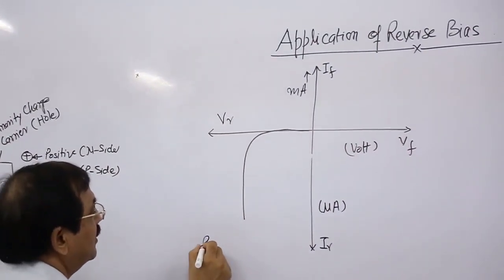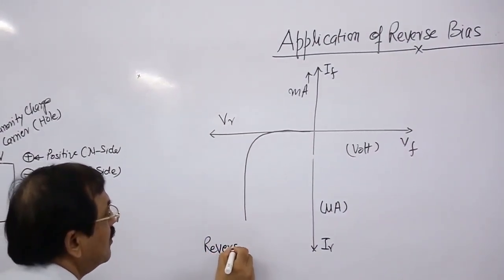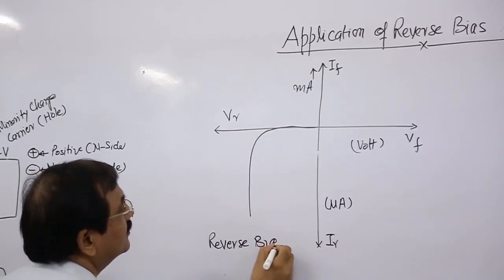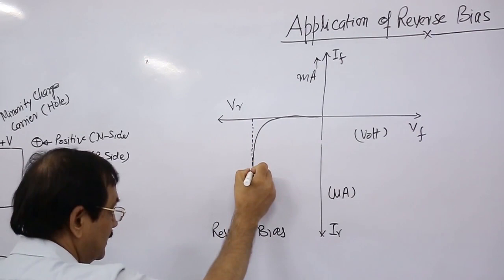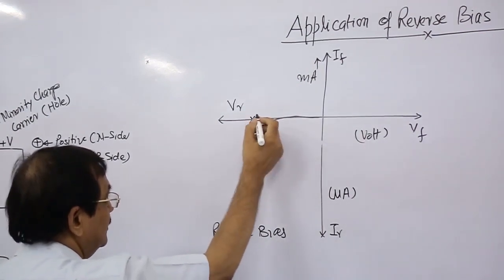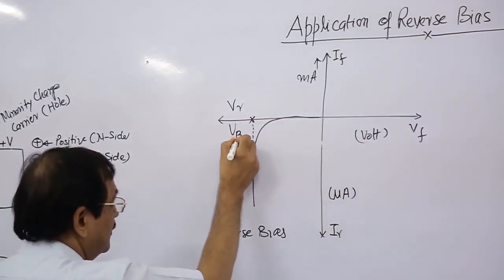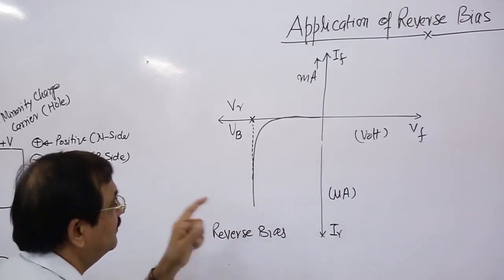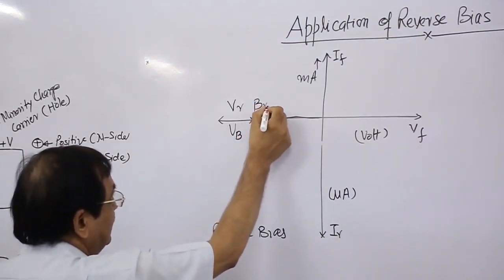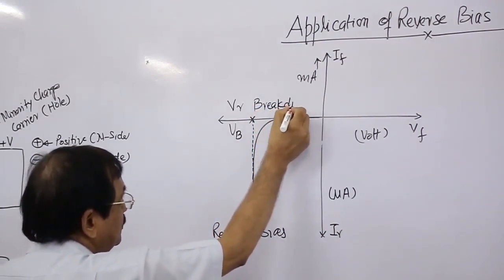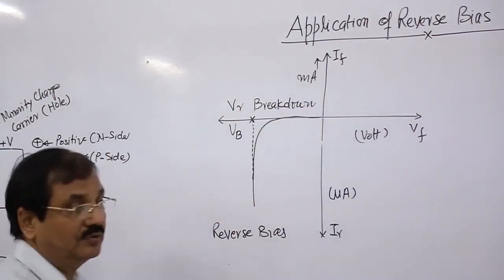This is the reverse bias part. In this reverse bias, the current is very high at this particular voltage, and this voltage is known as the breakdown voltage.